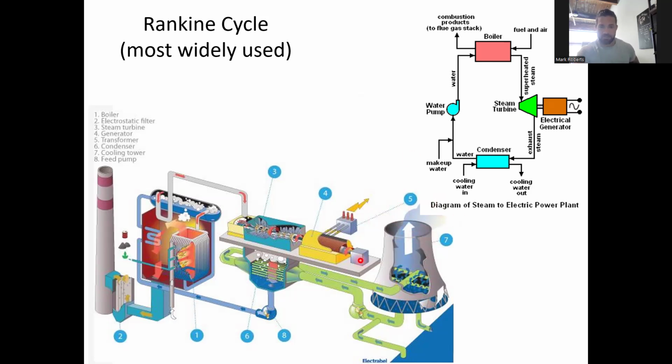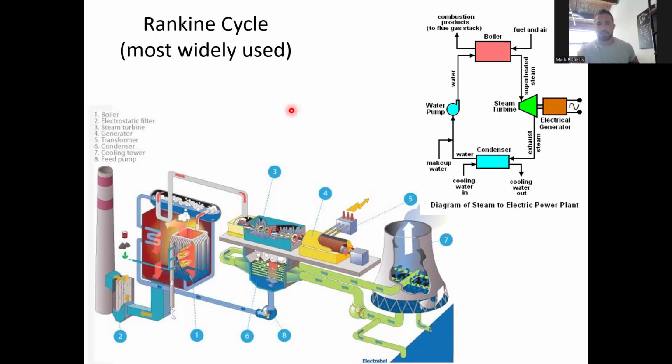Again, mostly what you see coming out of these stacks is going to be water vapor. And then the saturated liquid here is going to be compressed to a high pressure. And again, gets boiled to high temperature, high pressure, and it goes through the process.